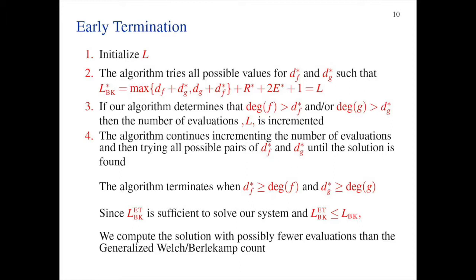So you're trying all D star F and all D star G that fit the count? You have a count E and you have a count R. Well, you can assume you have that. Maybe you also have a way to be based on the number of evaluation points.